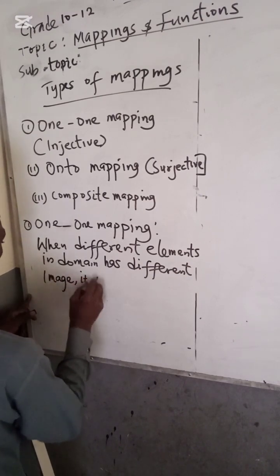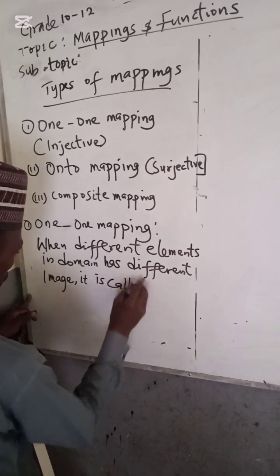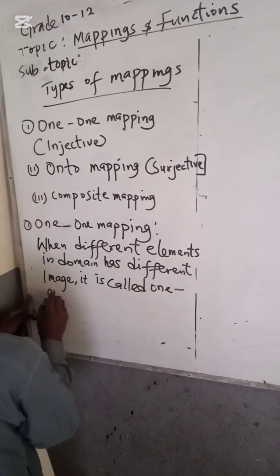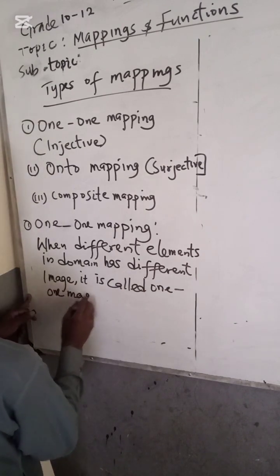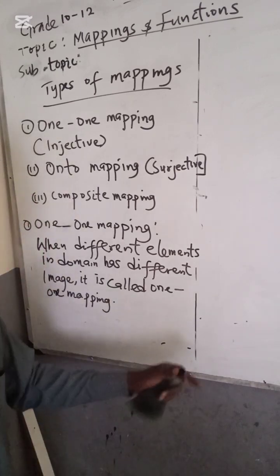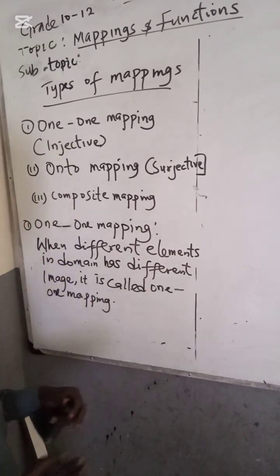It is called one-to-one mapping. Just like the name suggests, one-to-one. Face me, I face you.